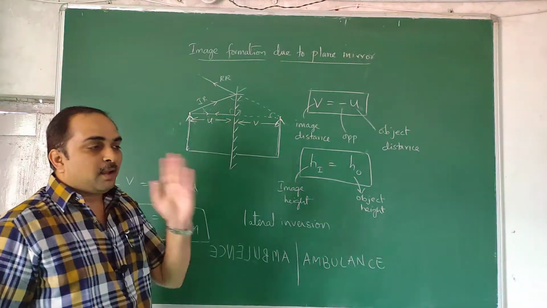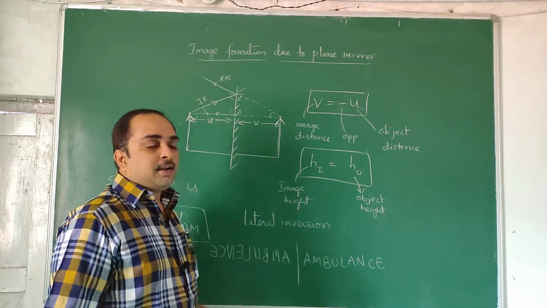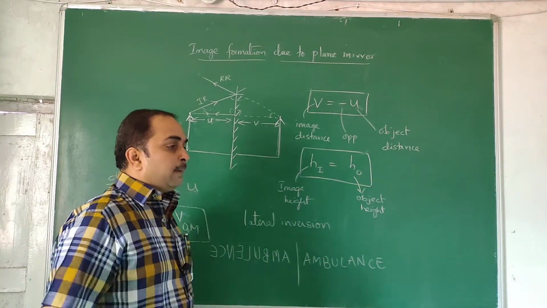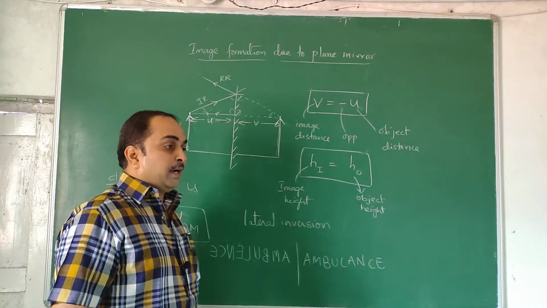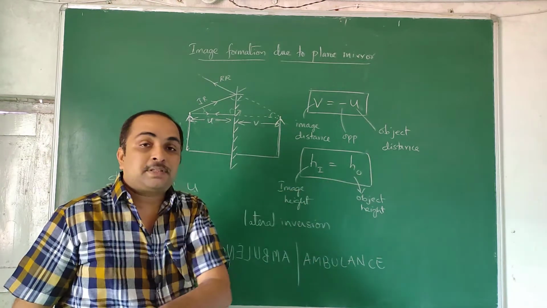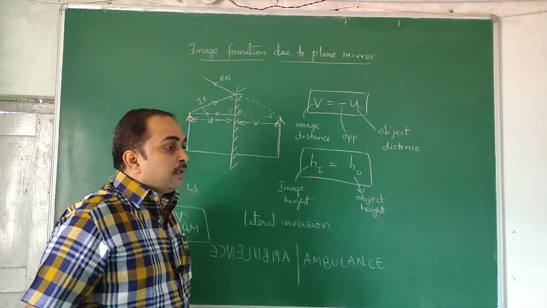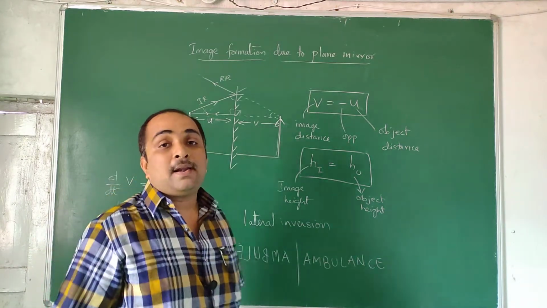This phenomenon, right appearing to be left and left appearing to be right, is called lateral inversion. So when you are seeing in the mirror, right hand appears to be left hand and left hand appears to be right hand. Why? Because the ray goes like this and comes this side, and the ray goes like this and comes this side. So this ray appears to come from that side, that ray appears to come from this side. That's why lateral inversion takes place.